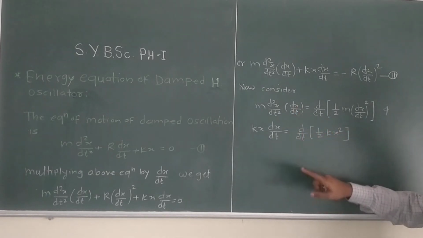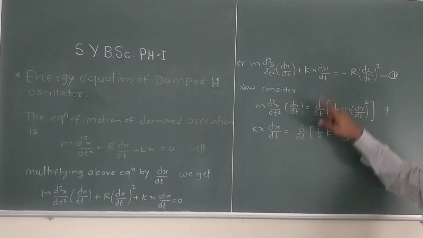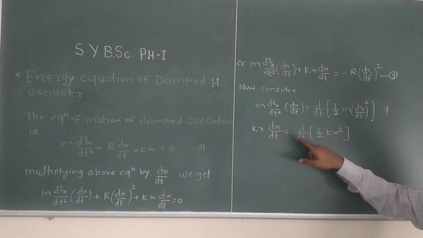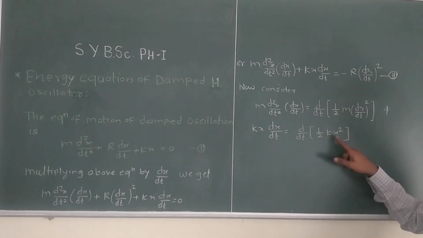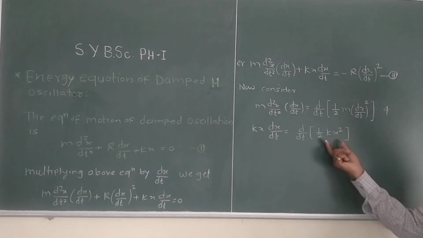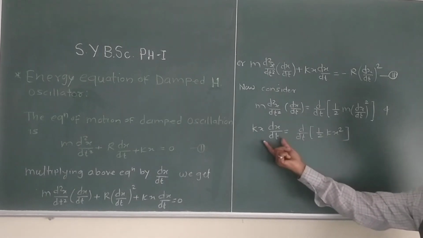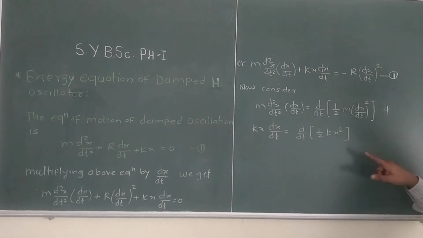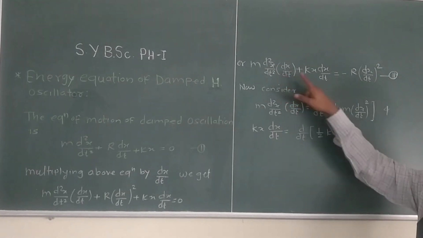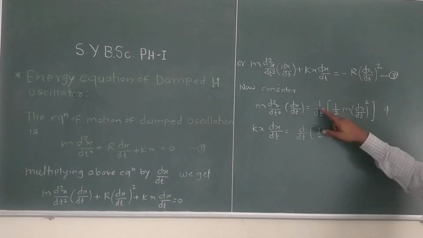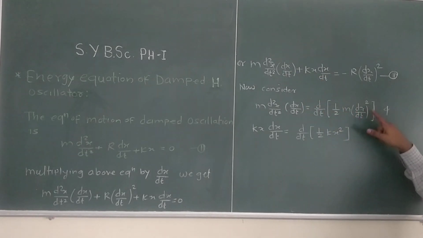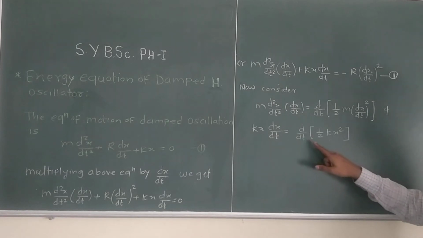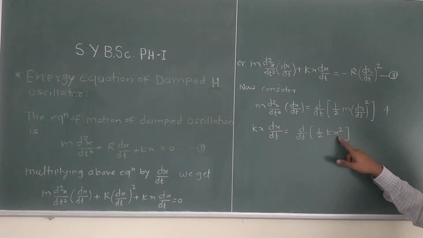Similarly, kx dx by dt, we write equal to d/dt of half kx square. That means when we differentiate this term, we will get this term. So we substitute the first term and second term as d/dt of half m (dx by dt) whole square and d/dt of half kx square.